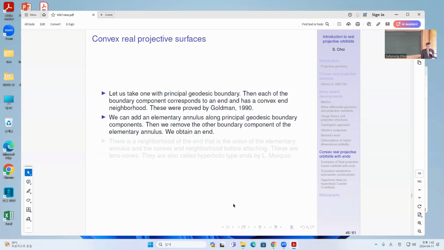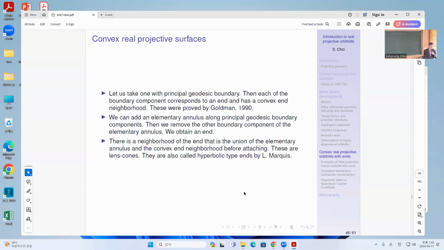We can also add elementary annuli along the principal geodesic boundary component and remove the other end boundary component, so you can obtain another type of end. If you have these properly convex surfaces, there's a neighborhood of the end that is a union of the elementary annulus and the convex end neighborhood from before attaching.